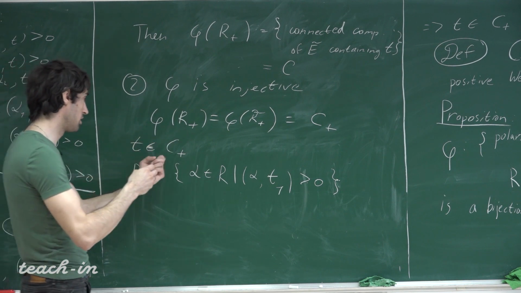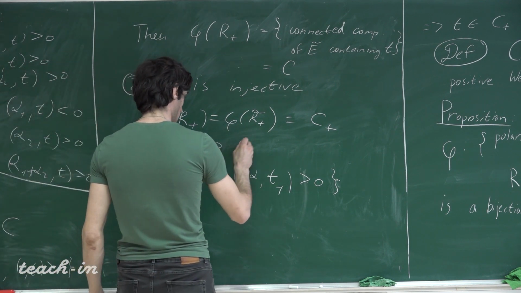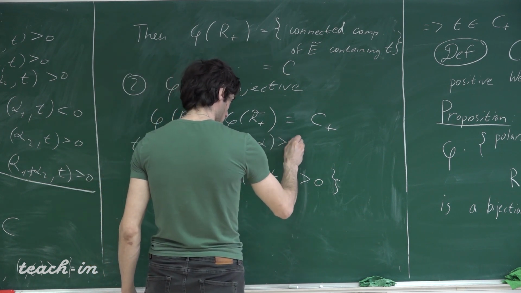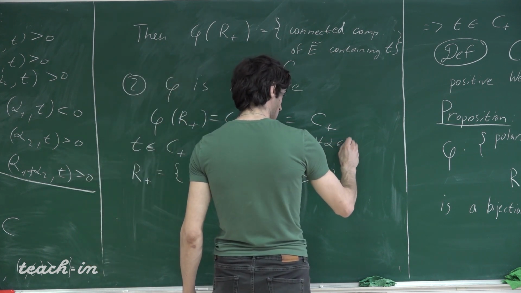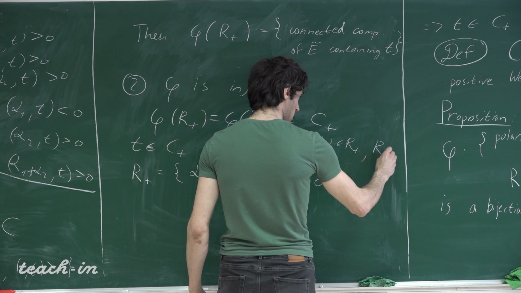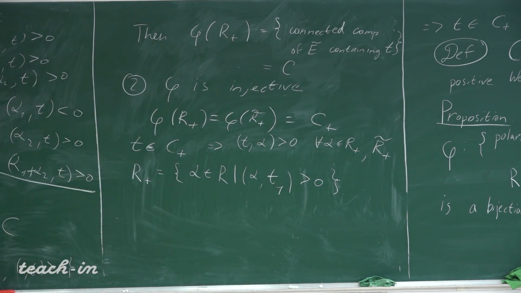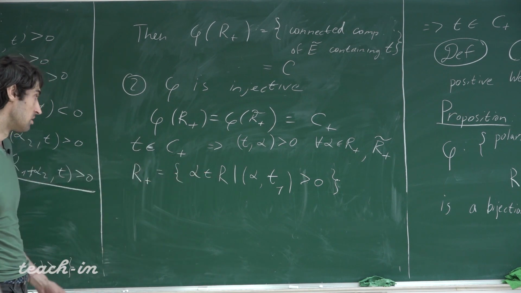So just by definition of C plus from R plus, we have t with alpha greater than 0 for all alpha from R plus and from R plus tilde as well. So suppose R plus is given by some defining element T1.